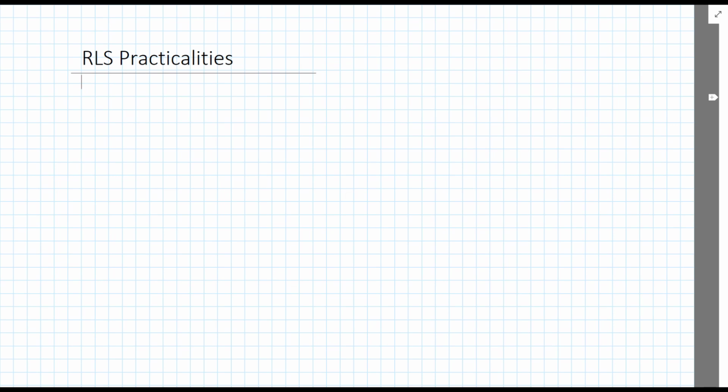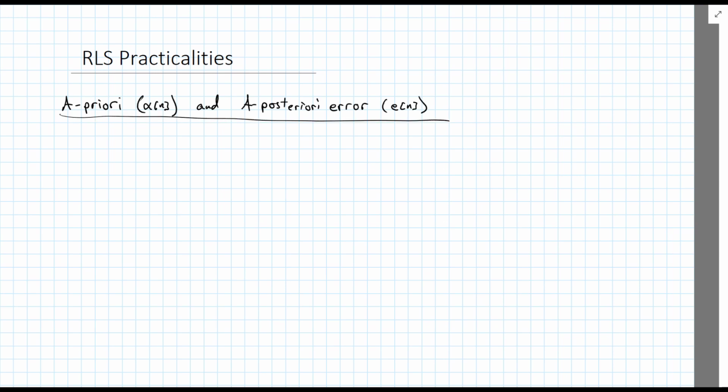But before we do that, let's spend a moment and talk about what happens with the error. We have the two errors, the a priori that we labeled alpha, and what we will now call the a posteriori error, and that was e of n. Okay, so for the a priori error, this is essentially what the LMS algorithm computes.